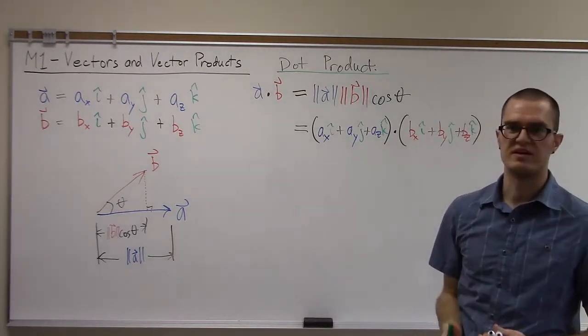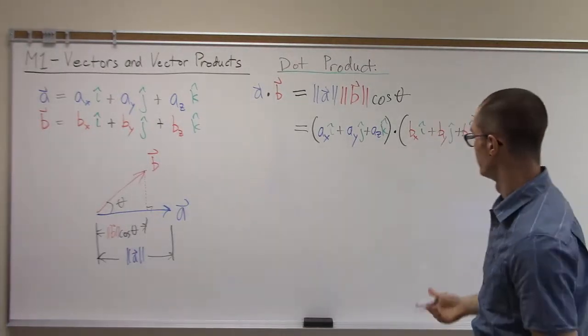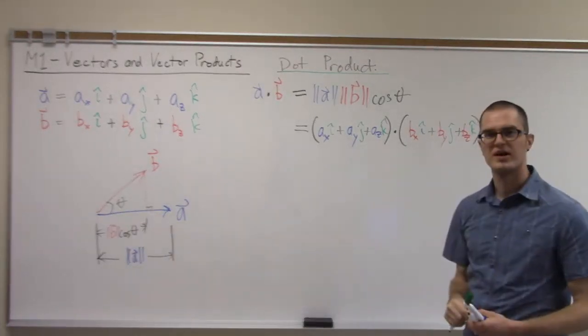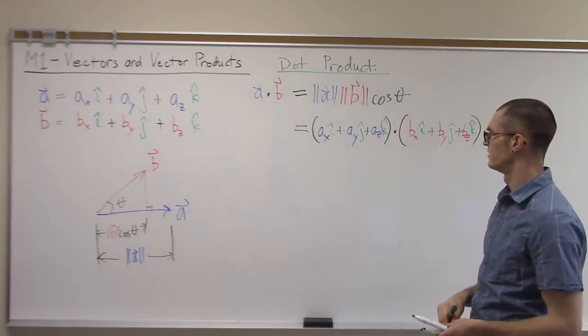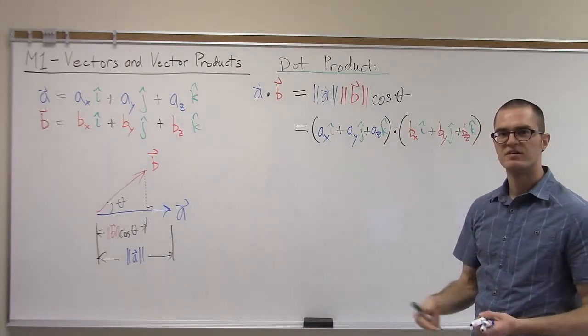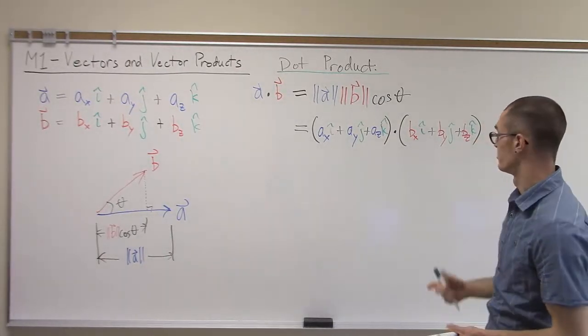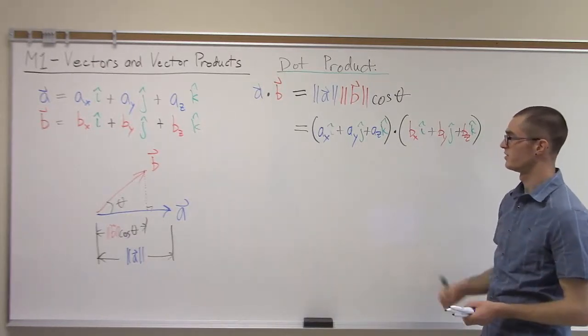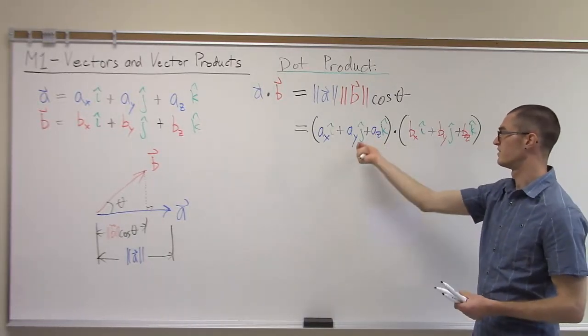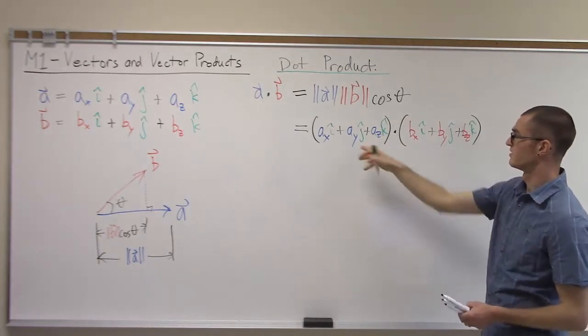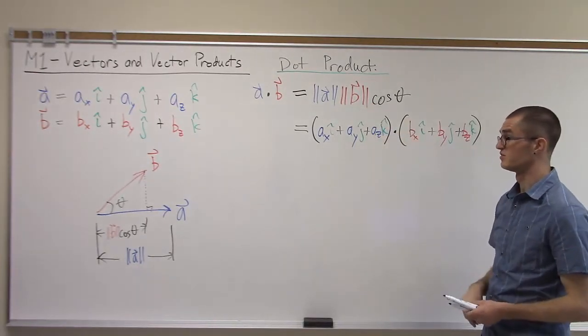So how do we understand that multiplication? We want to multiply these two sets of brackets together in the standard way you would multiply scalars, but we have to understand what the dot product of these unit vectors is, starting from this definition.